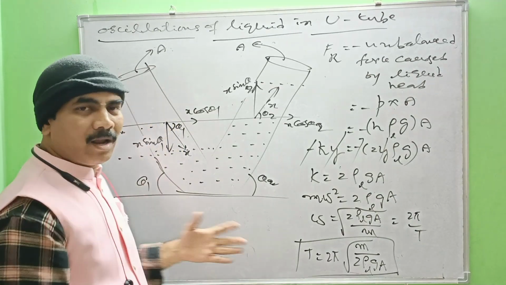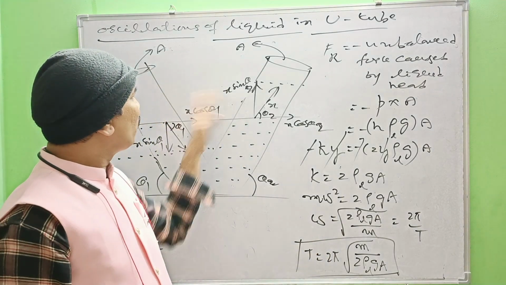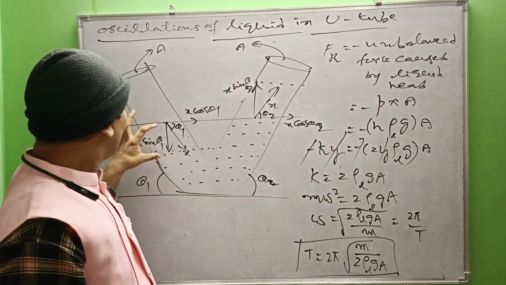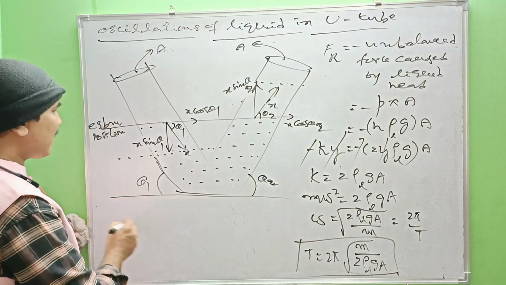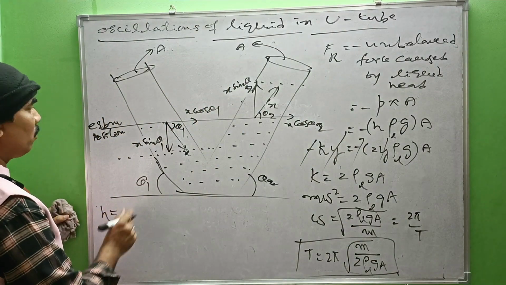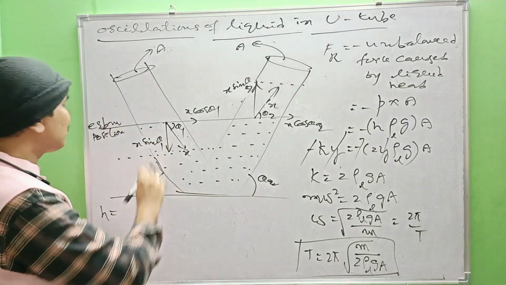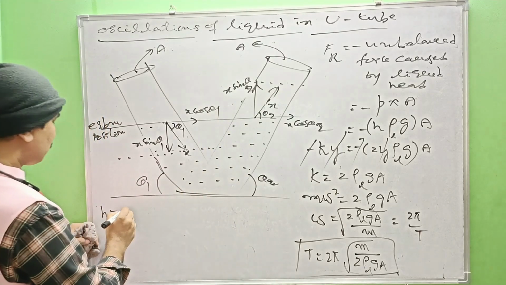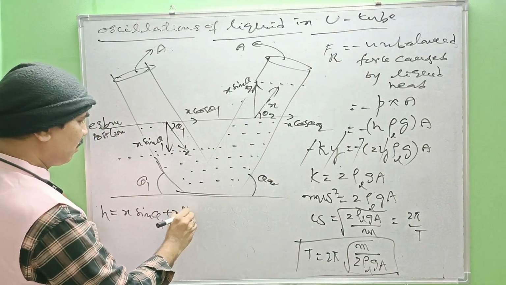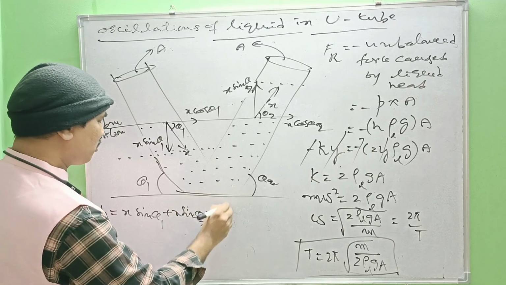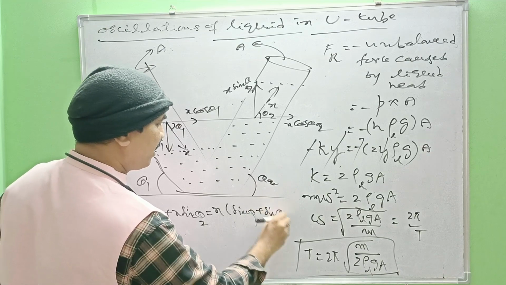Now what is the total unbalanced liquid head in both limbs? That is the vertical components, x sin theta 1 plus x sin theta 2. So h equals x sin theta 1 plus x sin theta 2, that is x of (sin theta 1 plus sin theta 2).